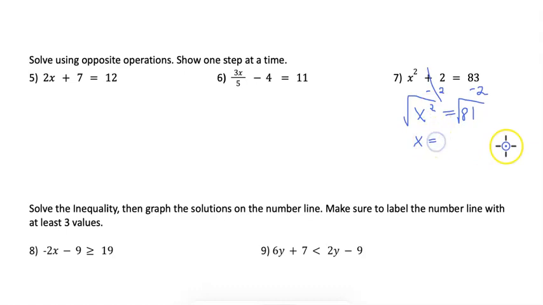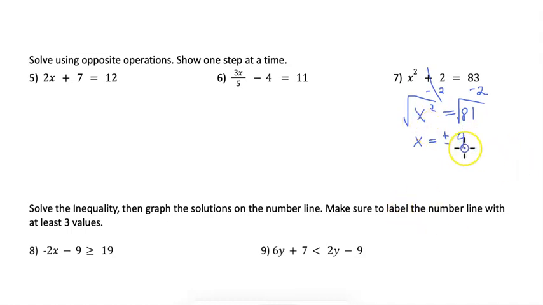The thing that's tricky about using square roots as an opposite operation is that whenever you do it, the other side has to get a plus and minus put in. Square root of 81, I would then simplify. It happens to be a perfect square, so I don't need to do a factor tree. I can just say 9.